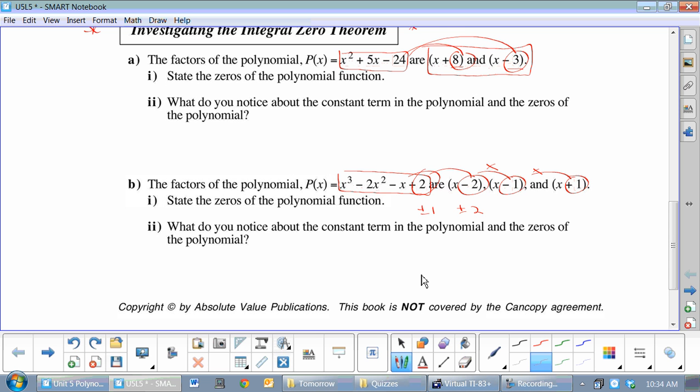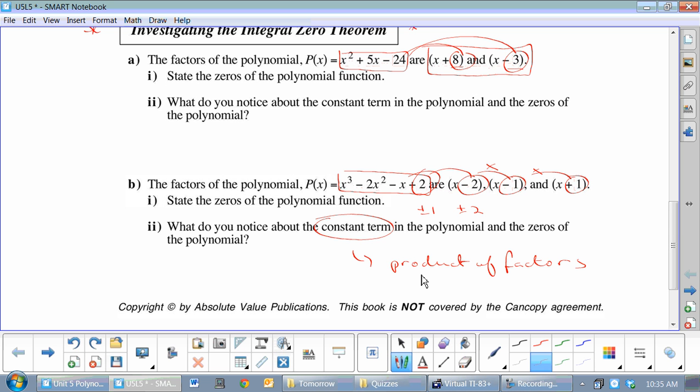So, what do we know about the constant term? The constant term is the product of the factors, okay? So I want to start showing you what I mean by how we're supposed to do something like this.